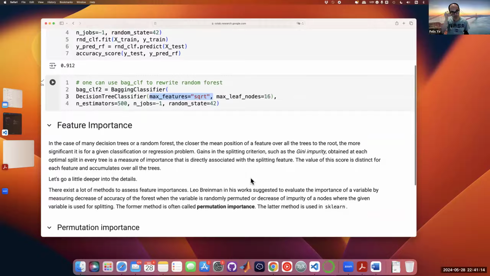Okay, so in fact, for this random forest, I think we talked about feature selection in the videos. There are two different methods that can select the features.